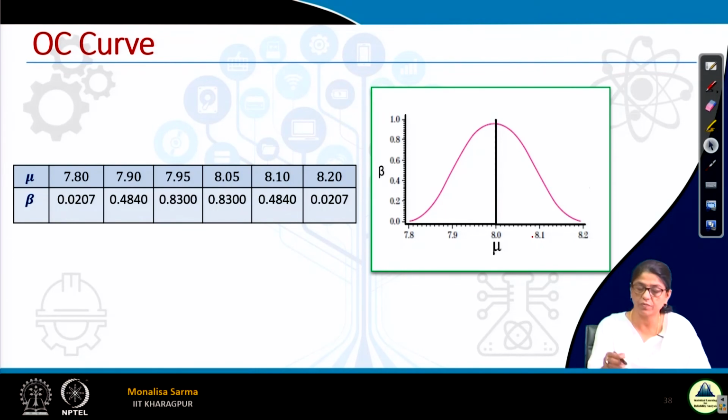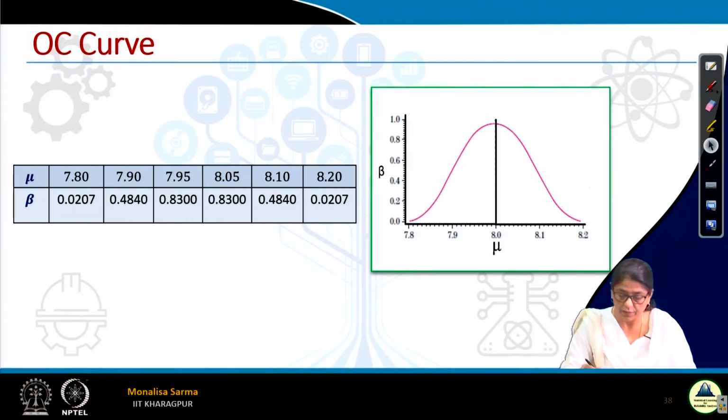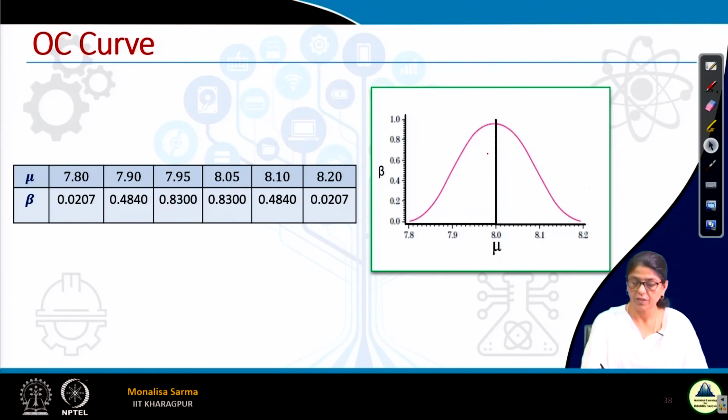The operating characteristic curve is where we plot beta for different mu. What is beta for different mu, where mu is not equal to 8? You see here the beauty of this curve. When my actual mu, that means the population mean, is very close to the hypothesized value, then my type 2 error is very high.